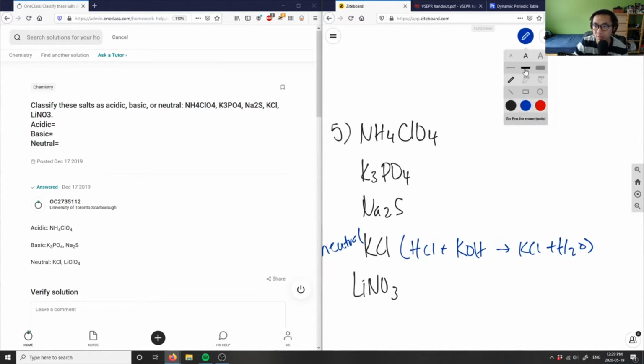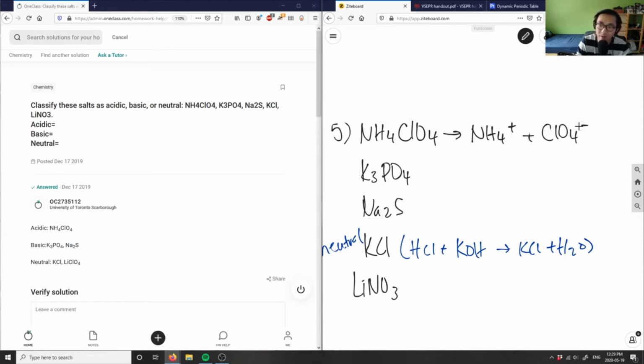So again, I'm going to dissociate all these guys here into its ions, right? So again, this is going to dissociate into NH4 plus again, and then I have ClO4 minus here. And then this guy here, I'm just going to dissociate into K plus and PO4 3 minus here.